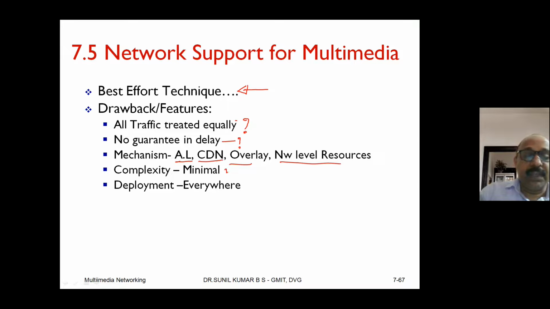The very advantage of the best effort technique is its minimal complexity. Because there is no special treatment for any of the packets, every packet is considered equally and transmitted. The complexity in the process of transferring a packet from source to destination is very low, and hence this can be deployed everywhere.